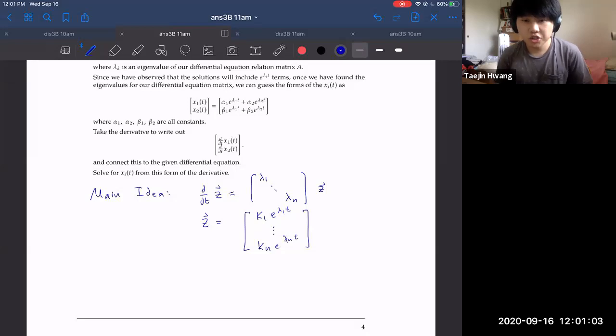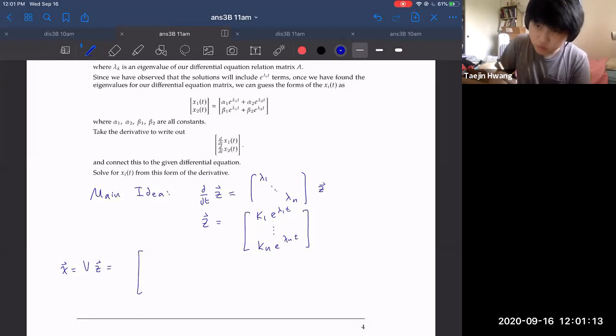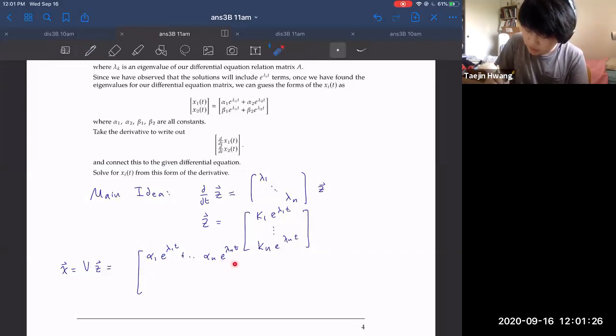What this essentially tells us is that if we convert back to x, x1 and really all the states are going to be linear combinations of these functions e^(λt).